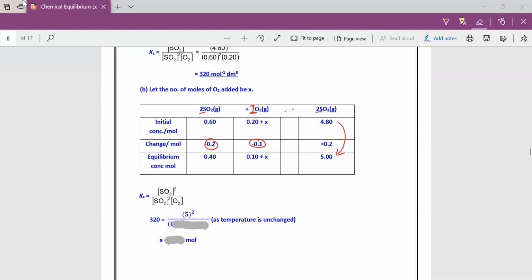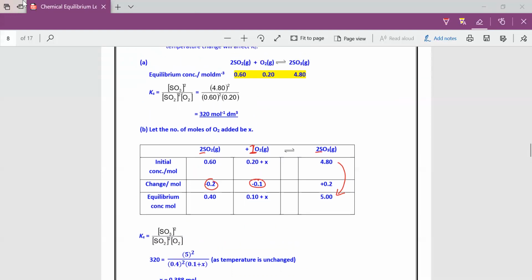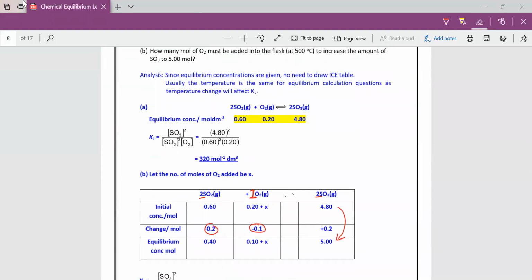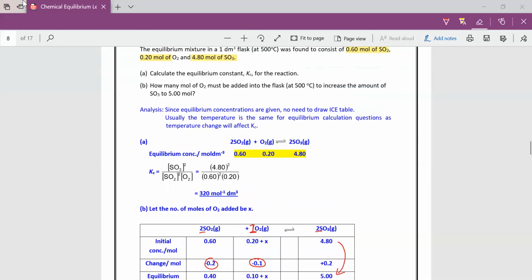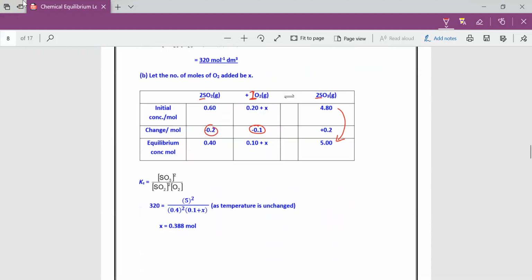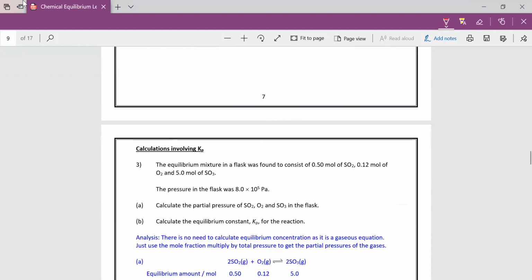Once we sub that in, we just need to solve for x, and the amount that we need to add to the 0.2 moles of oxygen is 0.388, in order to raise our equilibrium amount of sulfur trioxide to 5 moles. So that's for the second example.